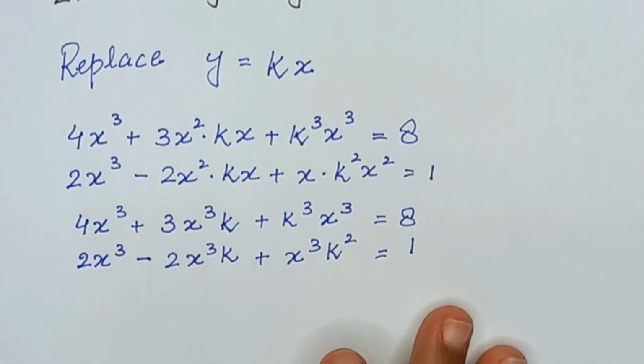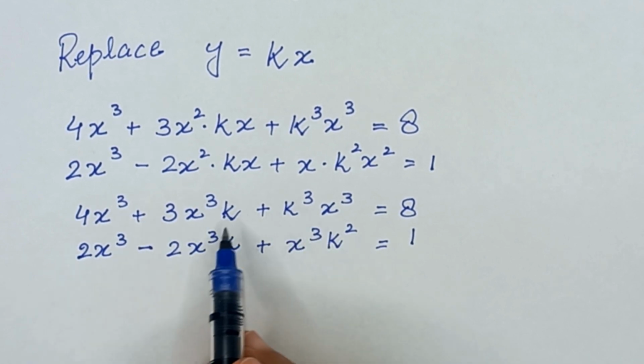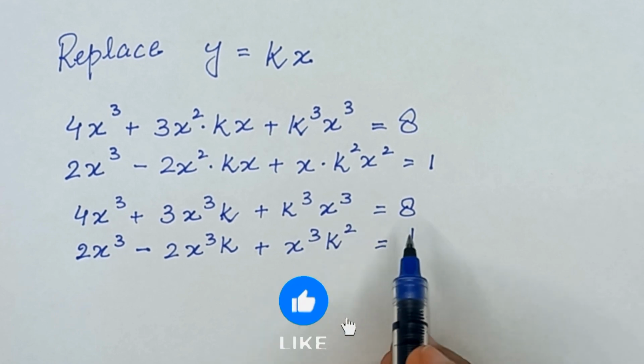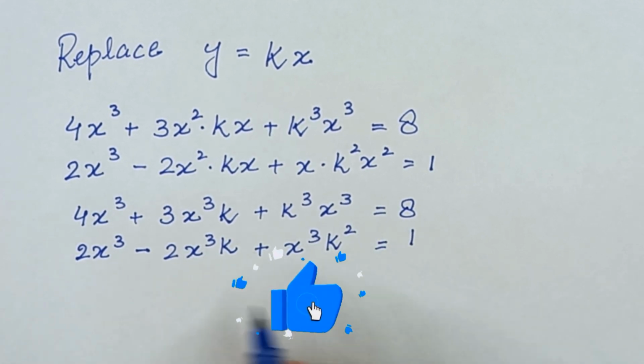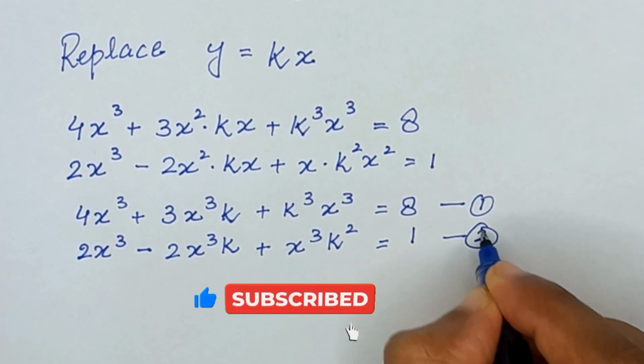Okay, now you can see that in both equations x cubed is common, so we will take x cubed common in both equations and divide them. I will name them equation 1 and equation 2.